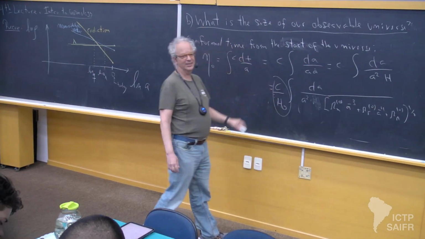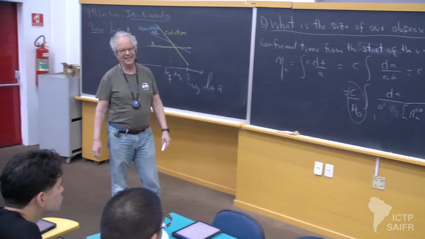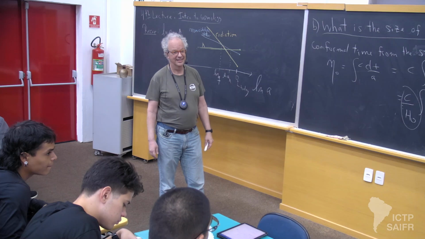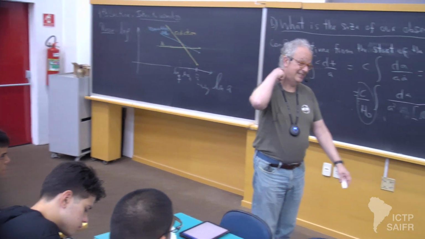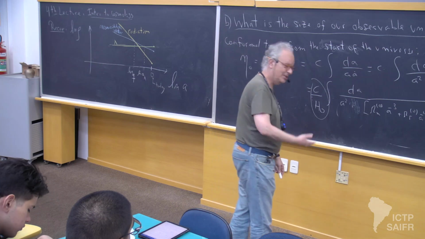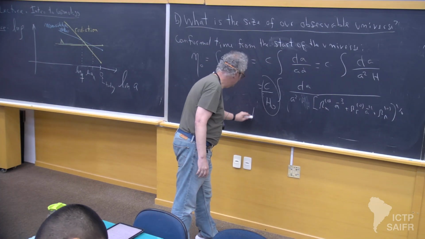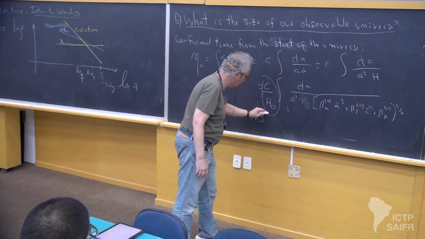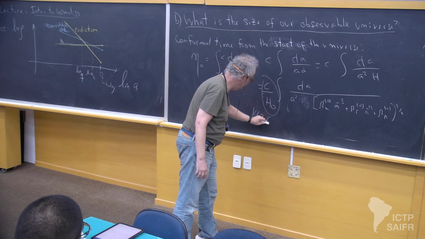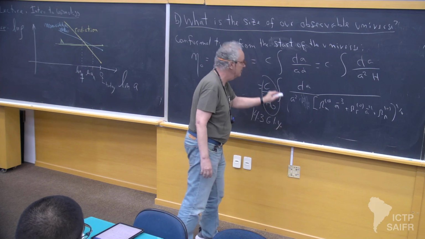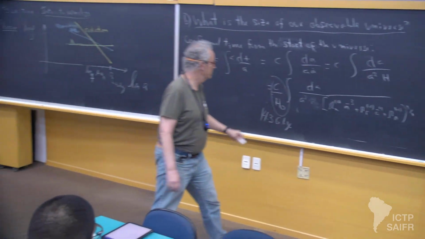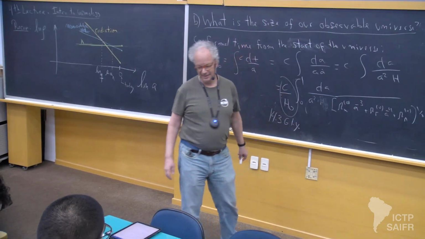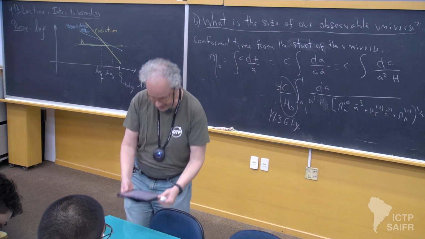Now, guess what this factor is in light years? It's 14.3 billion light years. So this is the factor, in giga light years. But then you have to compute this integral from 0 to 1. And again, I did that using Mathematica.